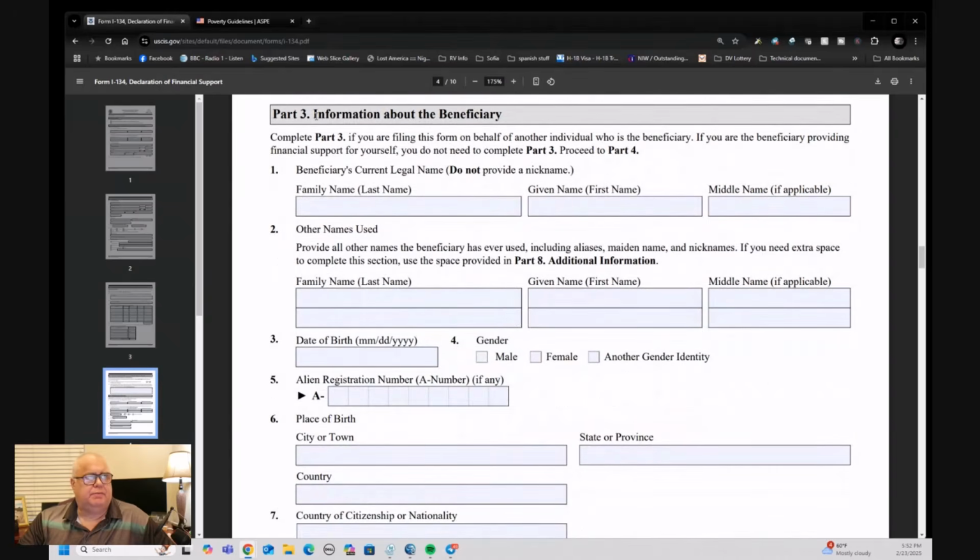Information about the beneficiary now in part 3. Now, this has got beneficiary's current legal name. Do not provide the nickname, so it should be their legal name as shown in their DS-260. Other names used, again, the DS-260 should have these other names, so you can put that in there as well. The beneficiary's date of birth, right?